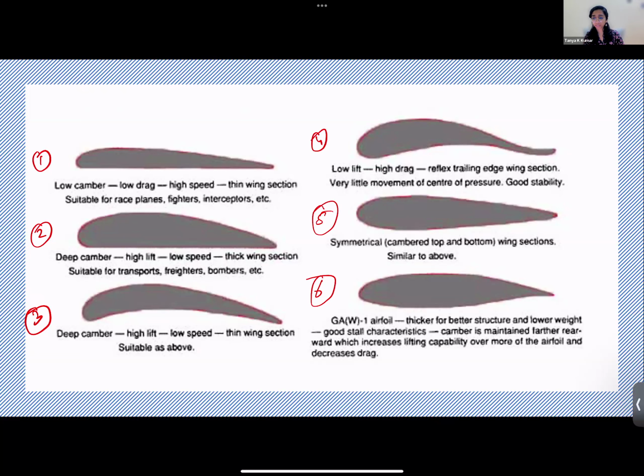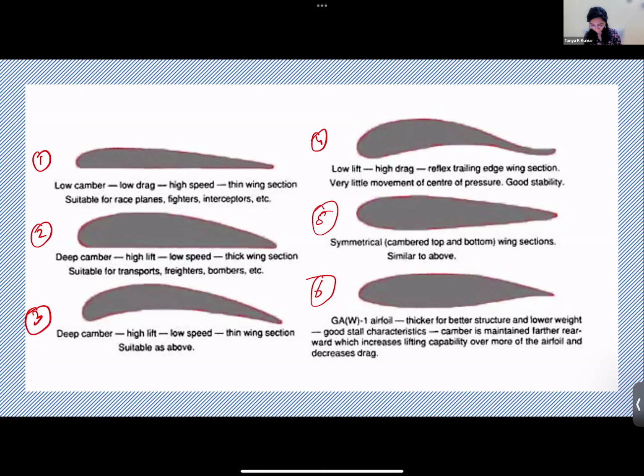Fourth one, correct. The fourth one is the reflex airfoil. There's a slight upward curvature towards the trailing edge. I think somebody had defined this in one of the previous classes. It's an interesting definition: the reflex airfoil is where the camber line intersects the mean chord line.